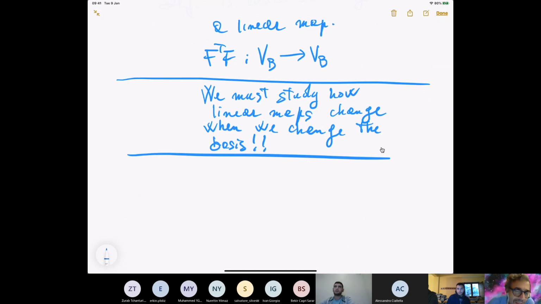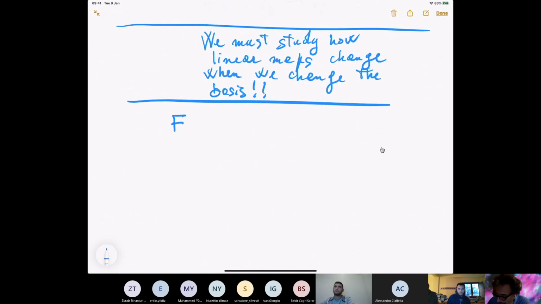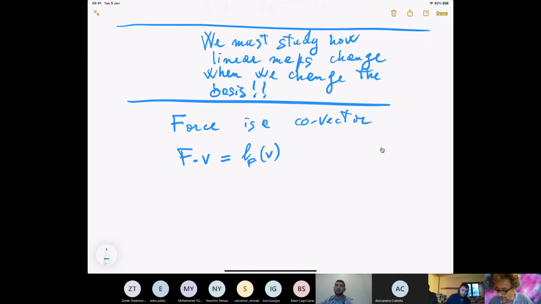You have vectors and covectors. We gave an example of covector. A force is a covector. Why? Because F dot V is a linear map in the set of velocities.